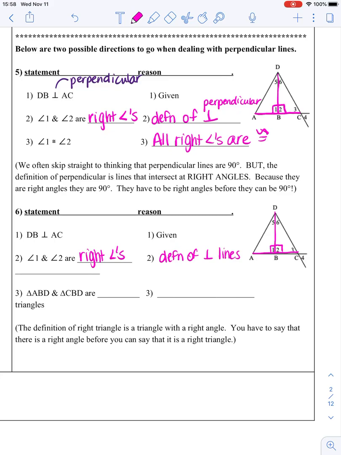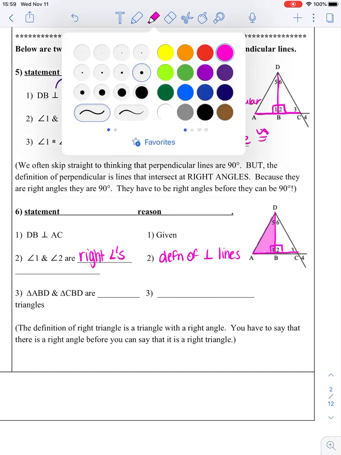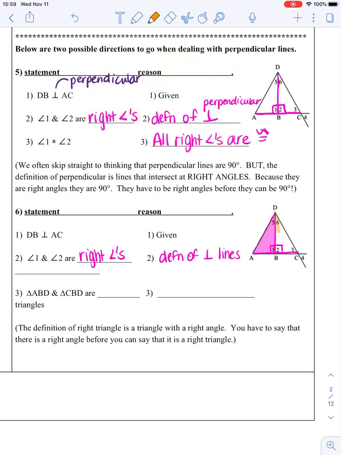And so the only thing I can say is that they're right angles. Now, because they are right angles, I am allowed to say that ABD, this pink triangle right here, and DBC, this orange triangle right here, are right triangles.